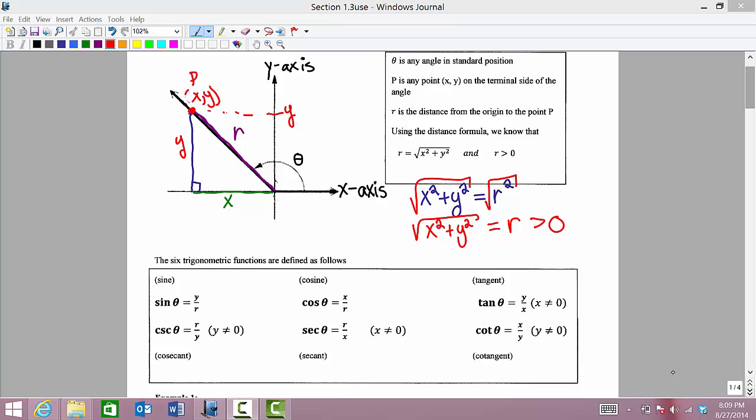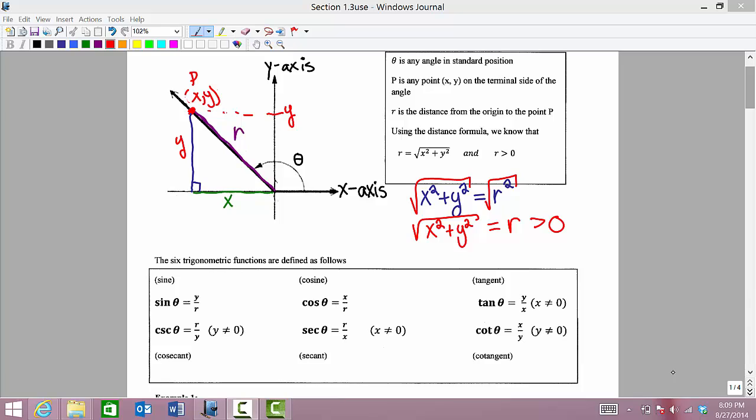So we want to make sure that y is never 0 for this particular function. Cosine is abbreviated COS. Cosine of the angle theta is defined as x divided by r. Secant is the reciprocal of cosine. Secant is abbreviated SEC. Secant of theta is equal to r divided by x. We want to make sure that x is never 0.